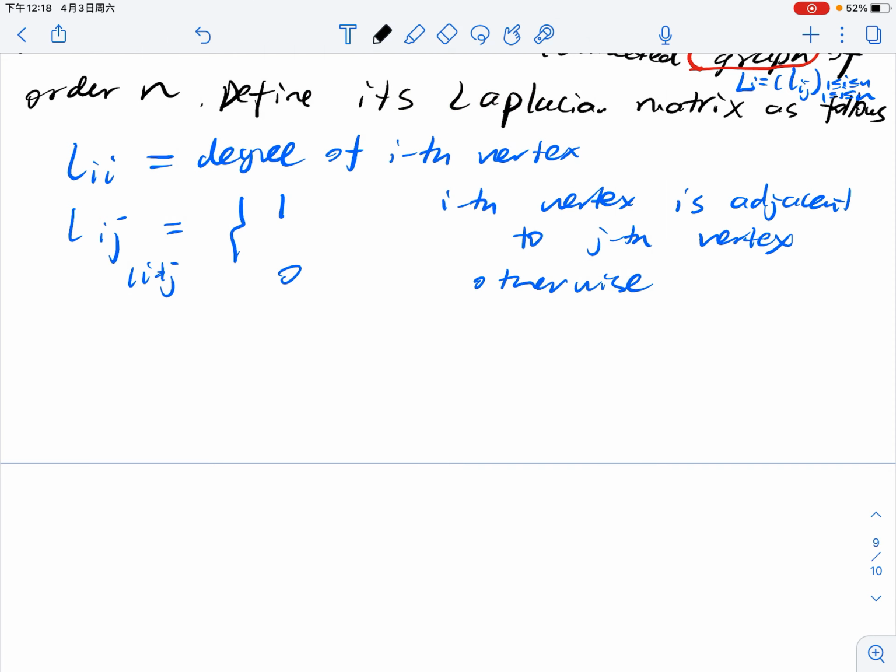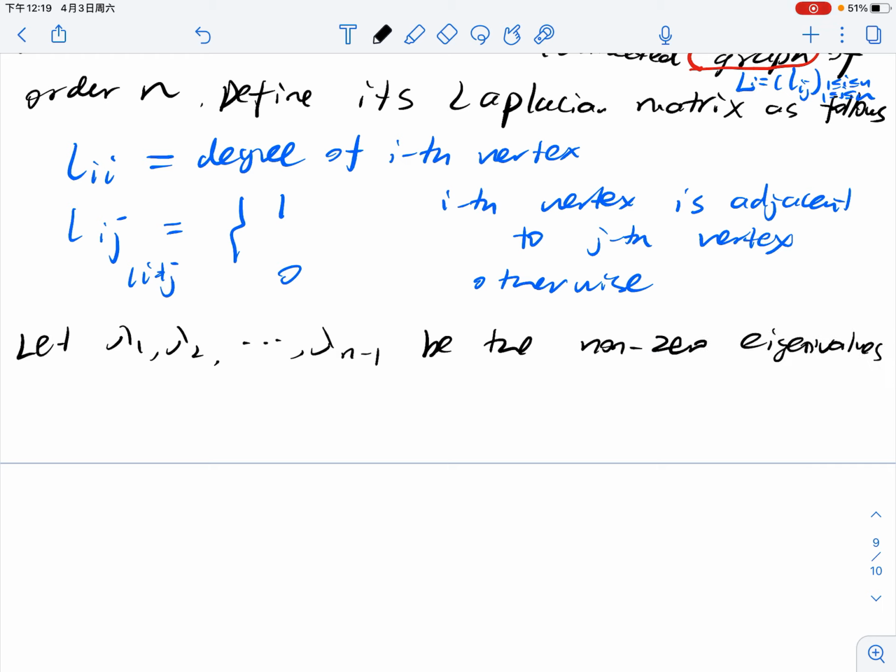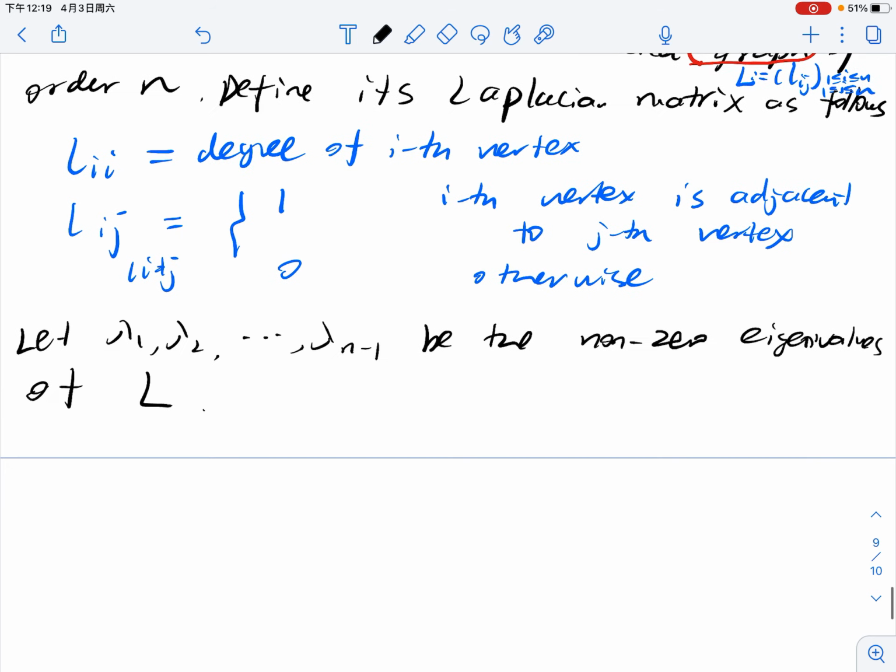Okay, then let lambda 1, lambda 2, up to lambda n minus 1 be the non-zero eigenvalues of L, the Laplacian matrix.